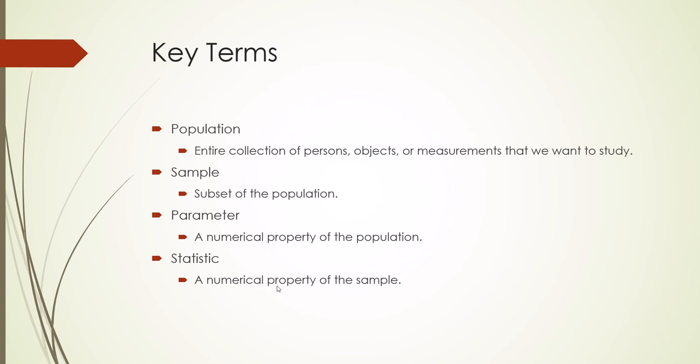For instance, the mean of a sample is a statistic. And in statistics, we try to estimate parameter using statistics because it is usually difficult to study the whole population. Therefore, we select a sample, we calculate statistic of the sample, and then we try to estimate parameter.